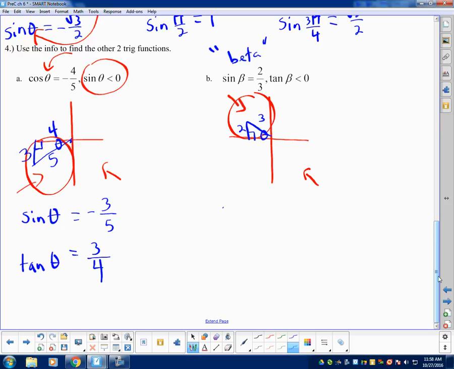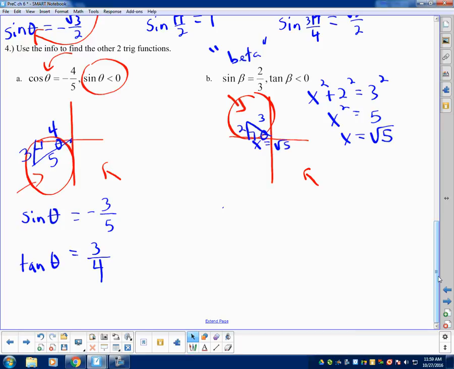I'm going to have to use the Pythagorean theorem to find x, the length of the adjacent. So I have x squared plus 2 squared equals 3 squared. So x squared equals 9 minus 4, which is 5. x equals, we just want the positive square root, since we're talking about the length of the triangle side. So x equals square root of 5. I can write x equals root 5 here.